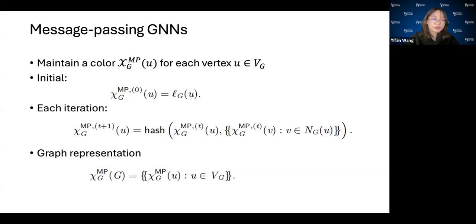In each iteration, the representation of each node will be updated by aggregating the messages from itself and its neighbors, and altogether this information will go through a hash function. After we get a stable representation of each node, the graph representation can be defined by a multiset of the representations of each node in the graph.